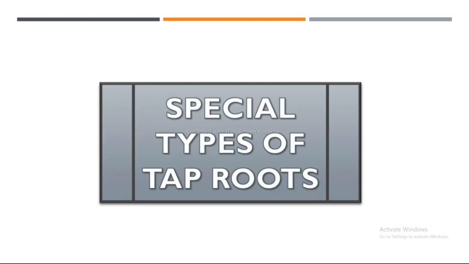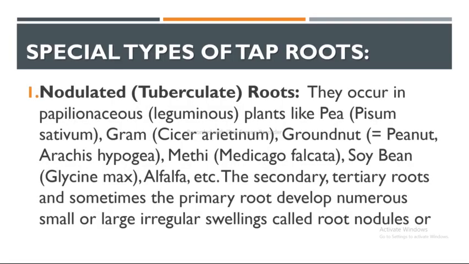So next I am going to discuss the special types of the taproot. First is the nodulated and tuberculate roots. They occur in papilionaceous or leguminous plants like the pea, Pisum sativum.